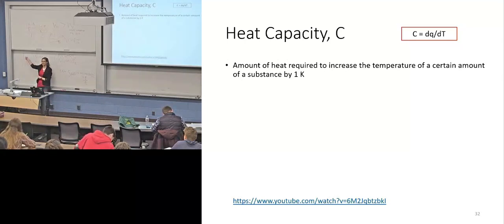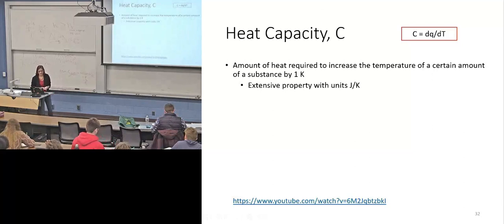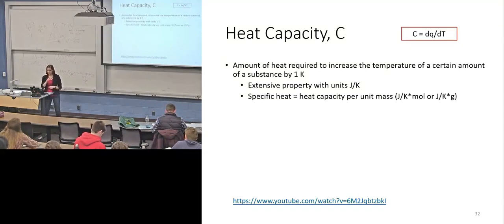Energy depends on how big the system is. Okay? Temperature doesn't. Does matter divided by doesn't matter means it does. This is extensive, right? And that's kind of baked into the description here. A certain amount of substance, the amount I have makes a difference, okay? Heat capacity is an extensive property with units, joules per Kelvin.